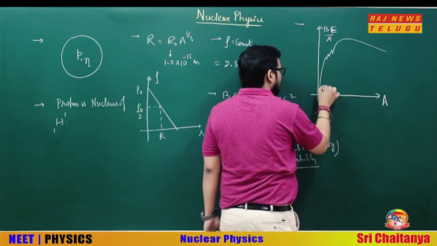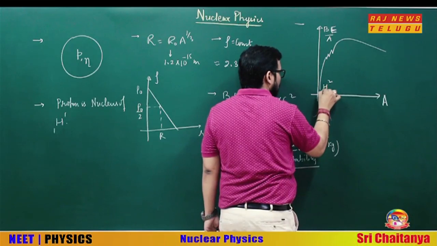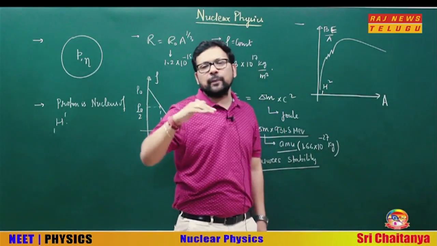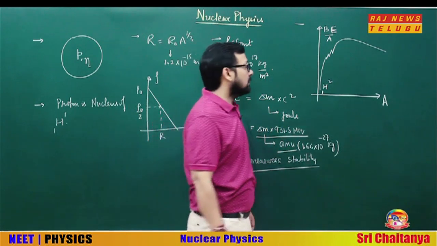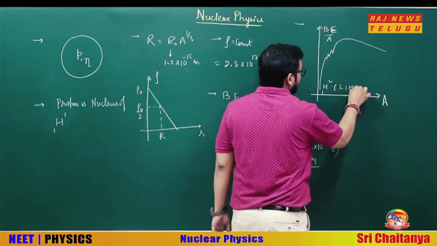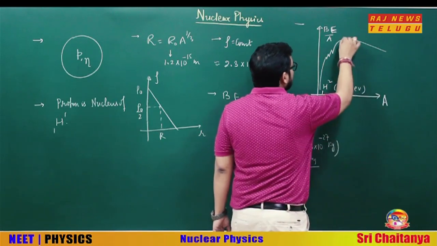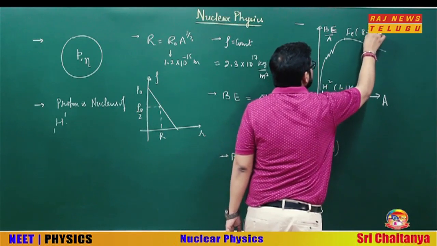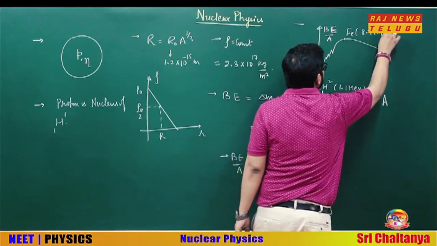Deuterium was the lightest, having the least binding energy per nucleon of 1.1 mega electron volt. Then it was Fe, almost 8.75 mega electron volt.